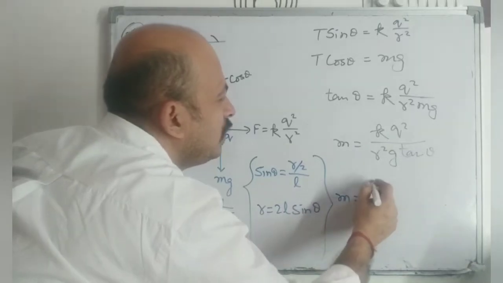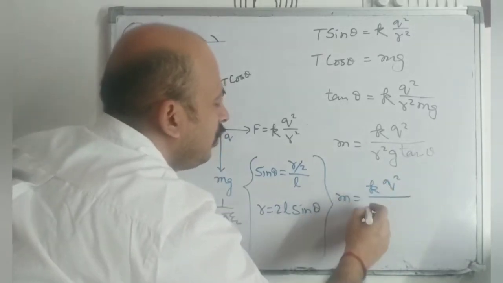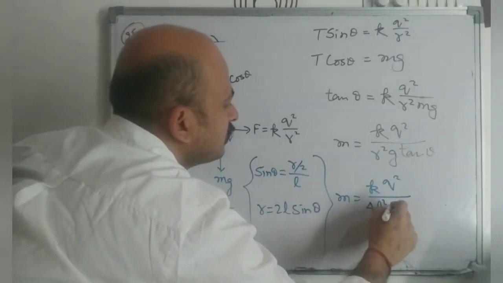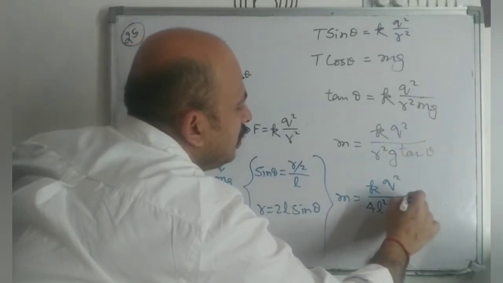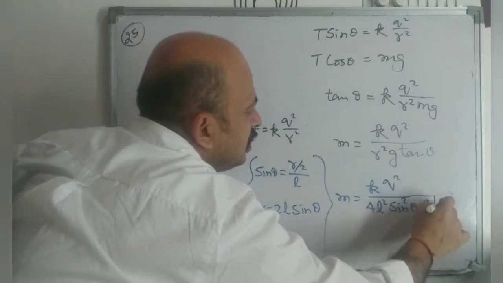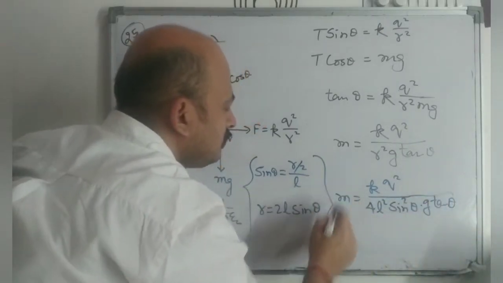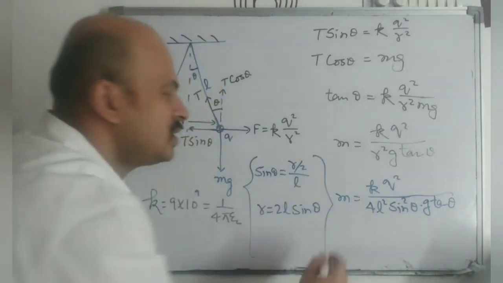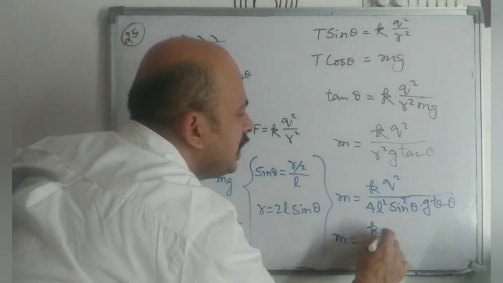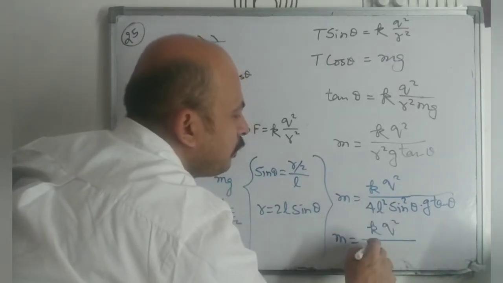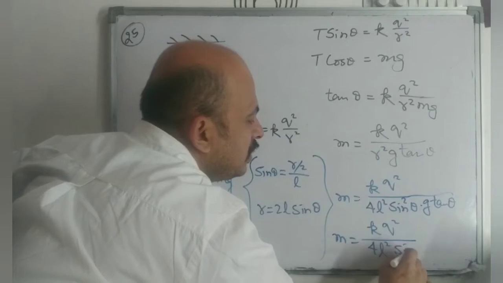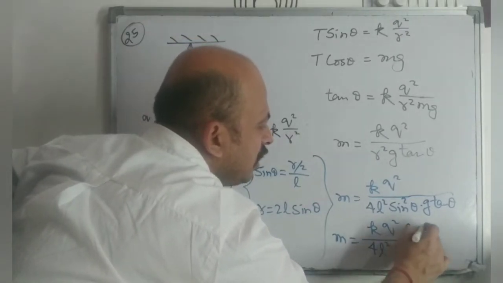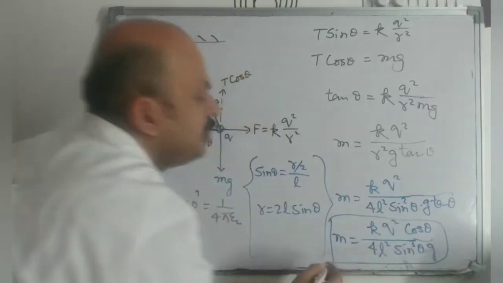Here m will be equal to k q square upon r square, that is 4L square sin square theta, g tan theta. That tan theta can be written as sin upon cos. So m can be written as k q square upon 4L square sin cube theta upon g upon cos theta. So here you will get cos theta. This will be your answer.